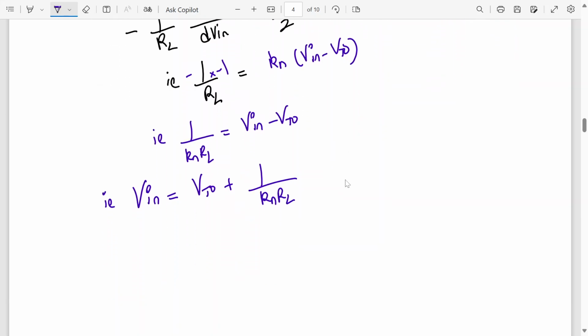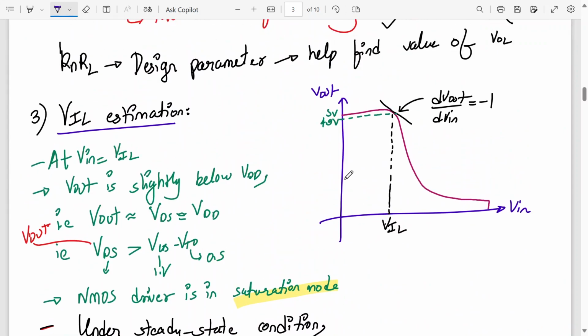So what is my V in over here in this case? My V in is nothing but VIL, that is what we are finding.